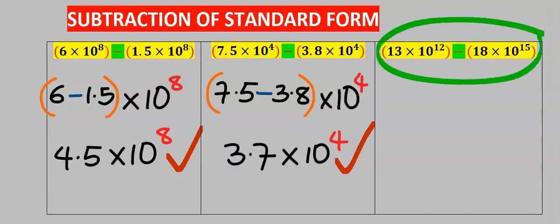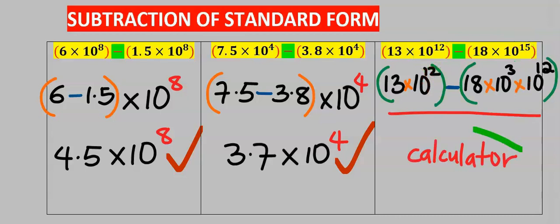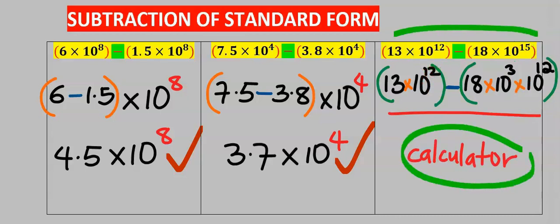Next, consider this question. Here, you can see that the powers are not the same. The first step is to make them equal. If you input this directly into your calculator, this is converted internally in your calculator without you even knowing it.